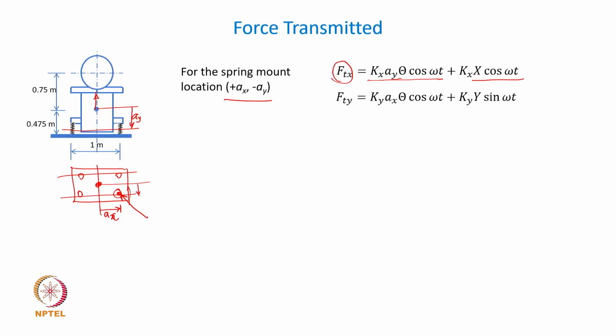Okay. It should also be kept in mind that the force is rotating like this. So, its cos component and sin components would look somewhat like what I have shown. Similarly, in the y direction, the y component and theta component will have to be used with cos and sin components.